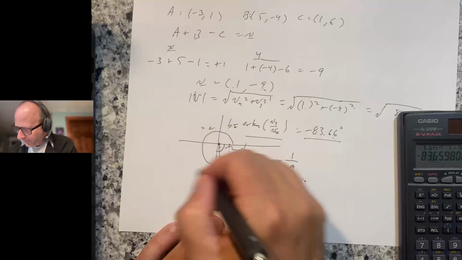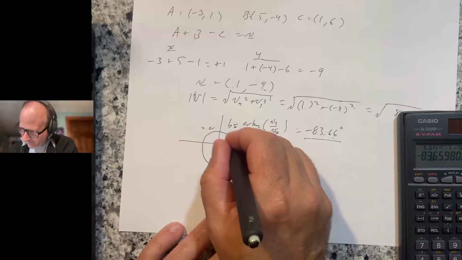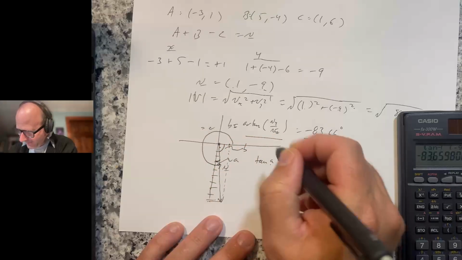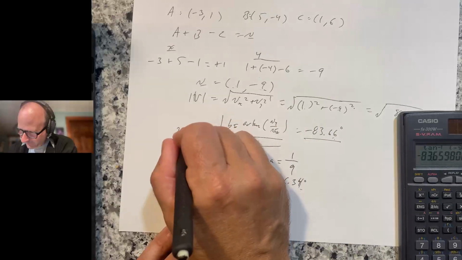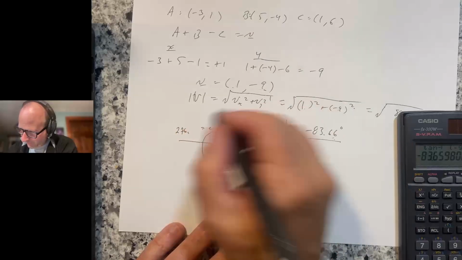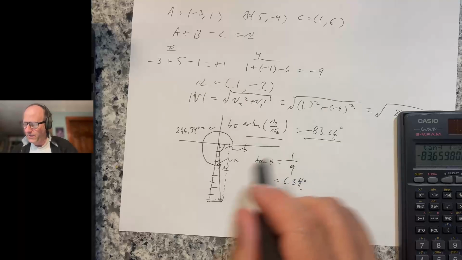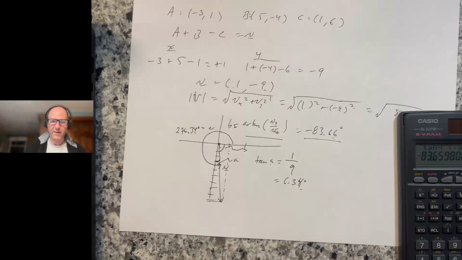All right, because of the picture, I happen to know this is like 90 degrees, 180, 270 plus the a, right? So this is 276.34 degrees. Again, these are all the same quantity, and we're just going from the diagram to do this.